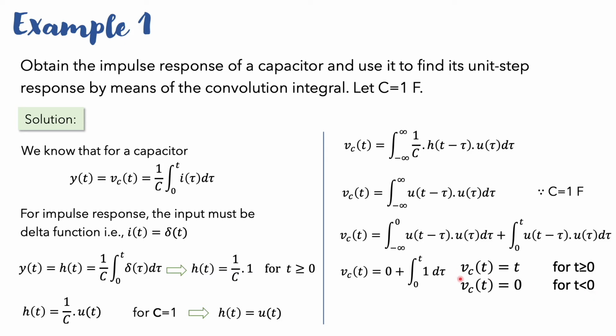This means that the more significant part is where the signal exists, and it is equal to the time. It will be a diagonal straight line increasing linearly. And which function looks like this? That is the ramp function. Therefore, our VC, the output, is a ramp signal.